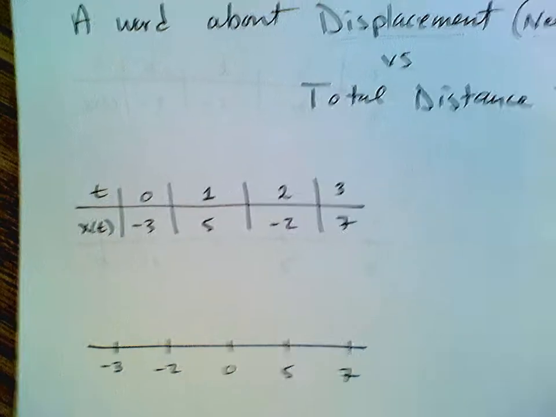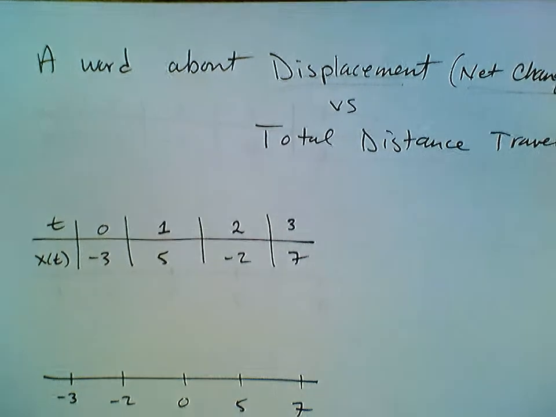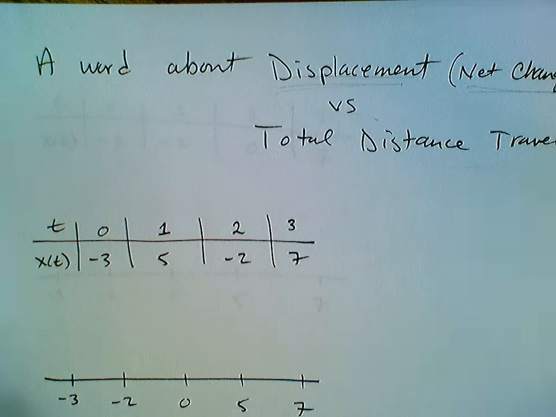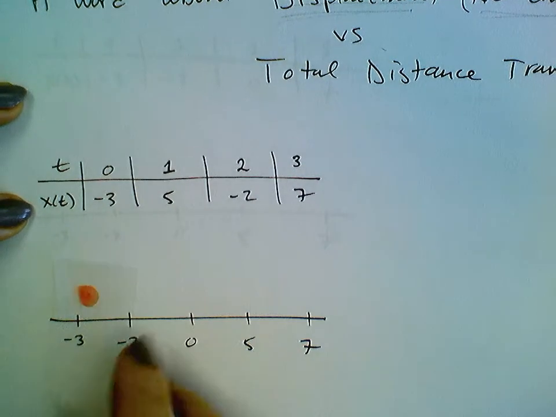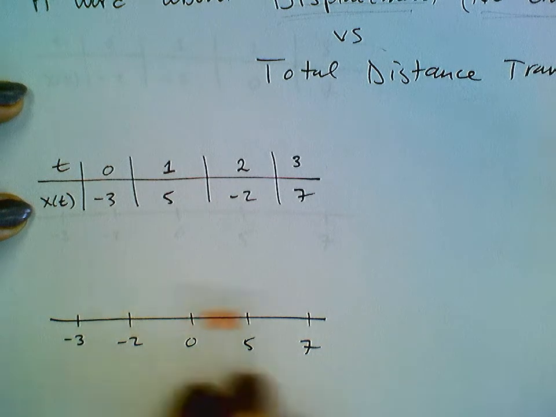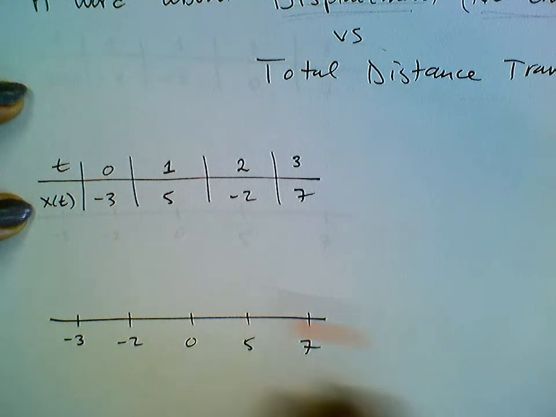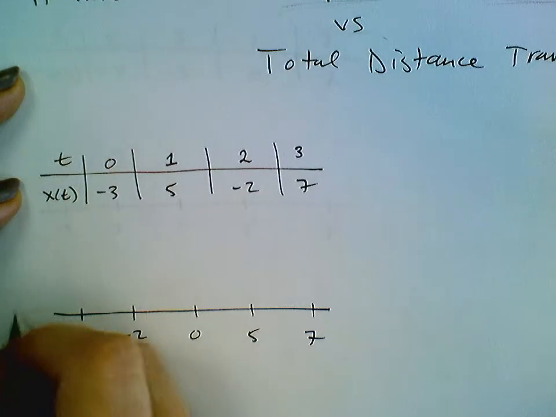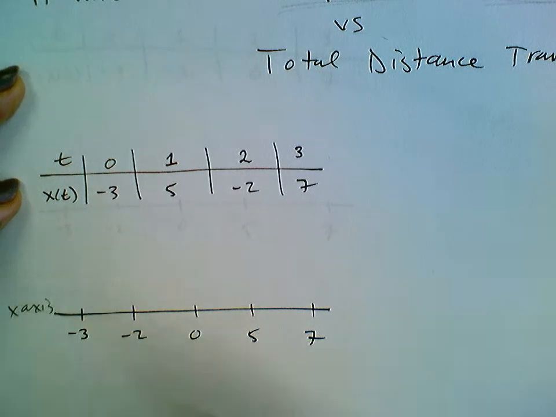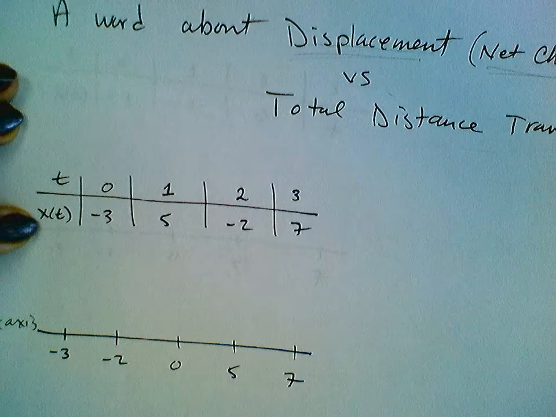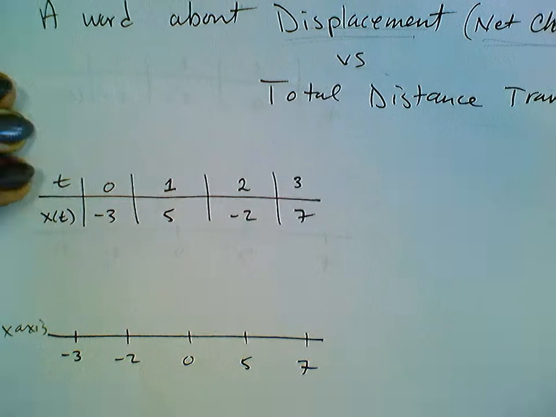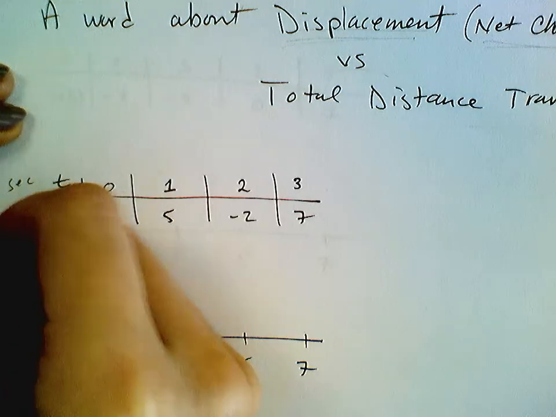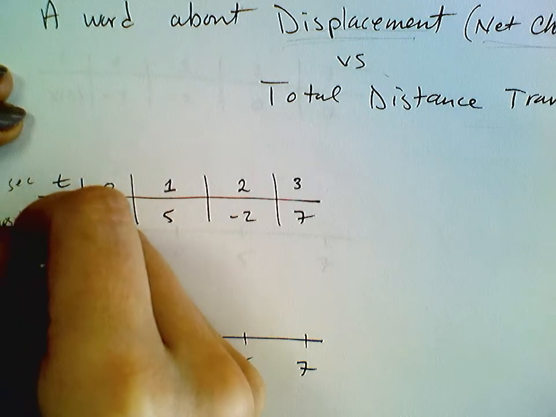So let me just talk about these two things real quick. There's really not much calculus involved right here. Let's suppose I have a particle moving along the x-axis. So the function x of t, for these inputs, which are seconds, and this is position.